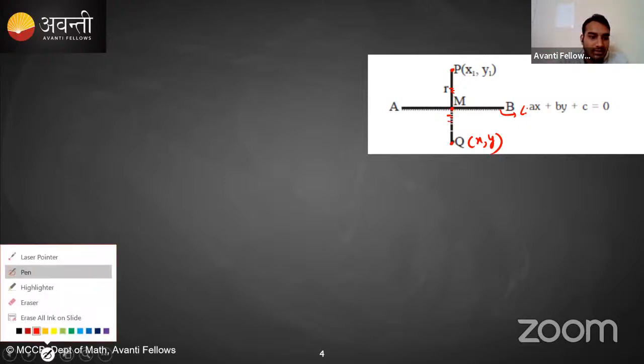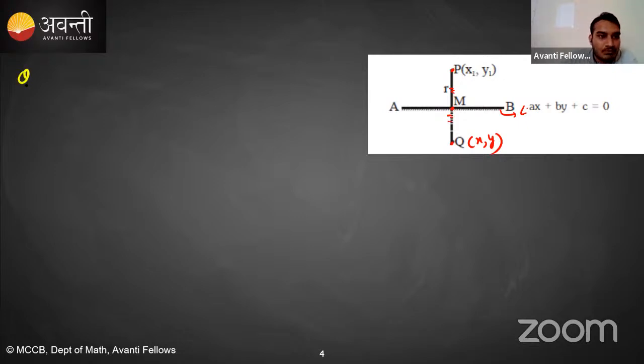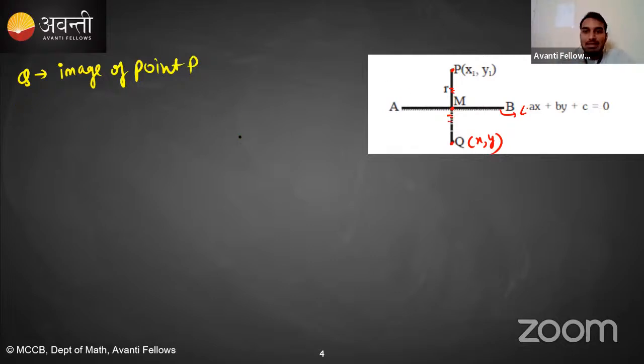Q is the image of point P. Since it is an image, you can easily see that PQ will be perpendicular to my line AB. The image lies exactly straight, in the perpendicular direction.